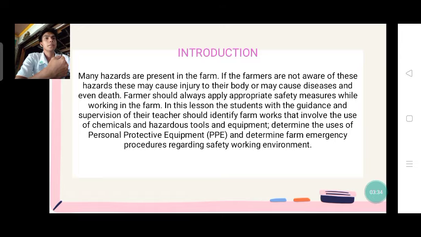In this lesson, the students, with the guide and supervision of their teacher, should identify farm work that involves the use of chemicals and hazardous tools and equipment, determine the use of personal protective equipment or PPE, and determine farm emergency procedures regarding a safe working environment.